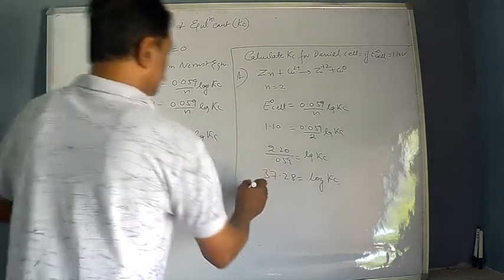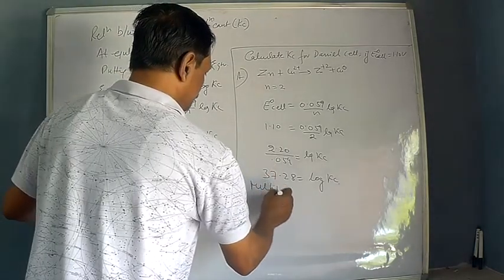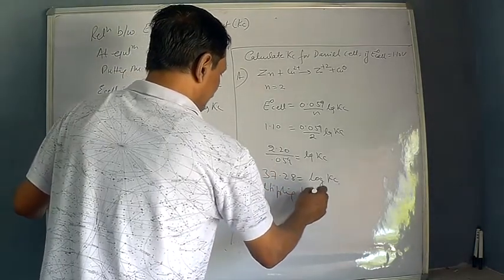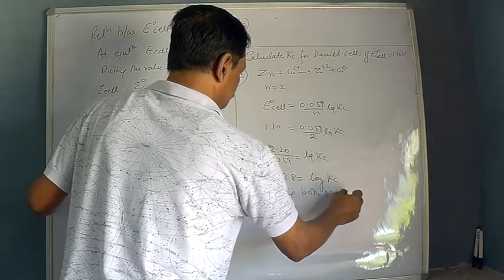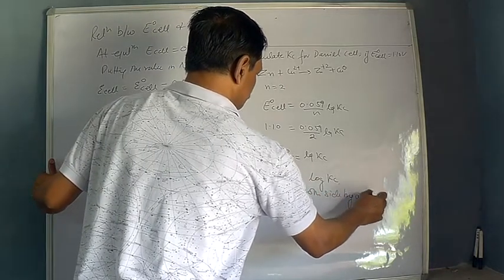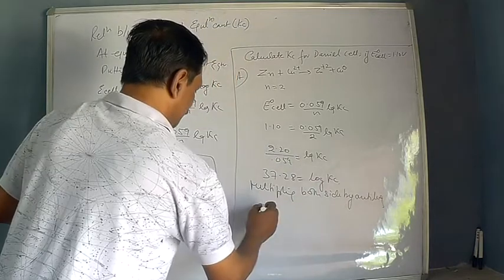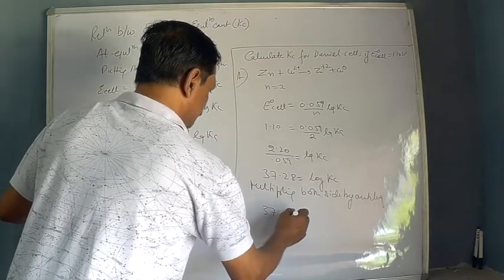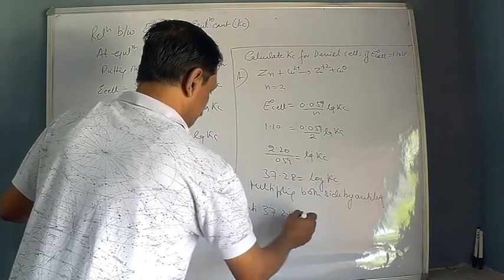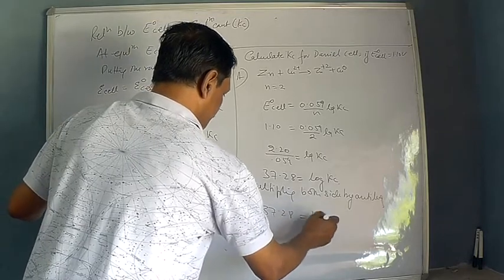Now in the next step, multiplying both sides by antilog, you get antilog 37.28 equals Kc.